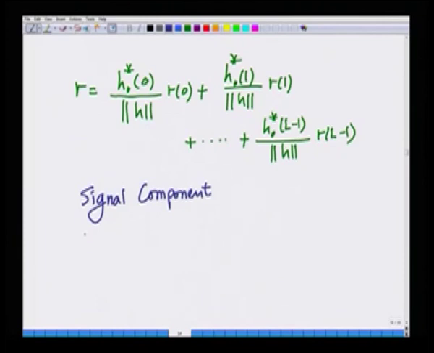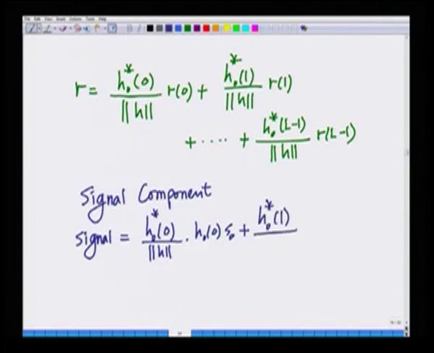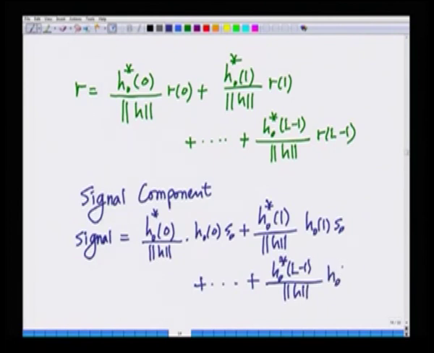The signal component is nothing but h 0 0 conjugate divided by norm h into h 0 0 s 0 plus h 0 1 conjugate divided by magnitude h into h 0 1 into s 0 plus, and so on, h 0 of L minus 1 conjugate divided by magnitude of h into h 0 of L minus 1 into s 0.